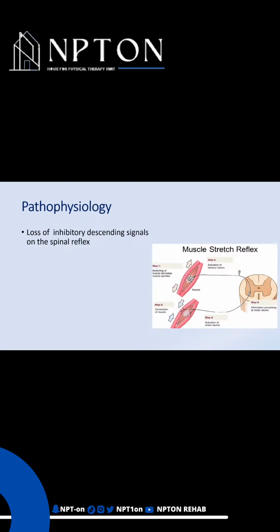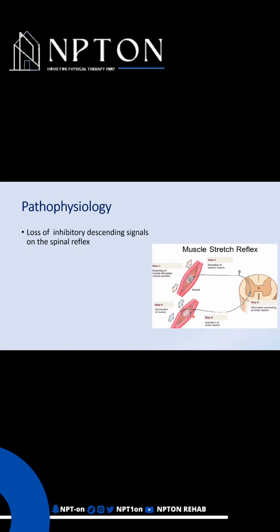I'm gonna explain it again. In spinal cord injury, as you see in the figure, if you do a passive muscle stretching, the muscle spindle will send a signal to the sensory neuron. The sensory neuron will send a signal to the motor neuron, and this will lead to contraction in the muscle.